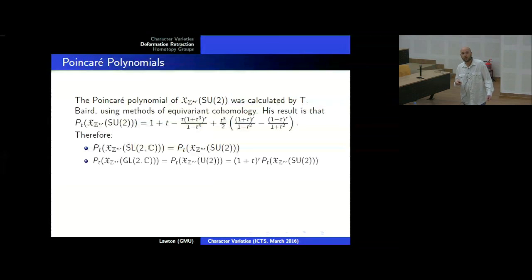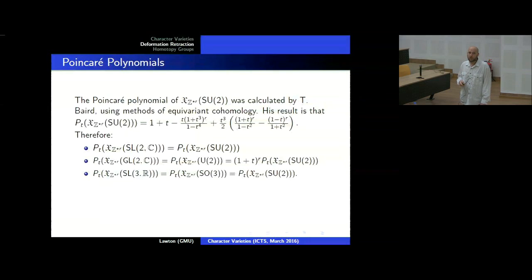And we can keep going. So GL2C, again by the deformation retraction theorem, is the same thing as U2, but then U2 relates to SU2 essentially by putting in a torus factor for each component. We can get SL3R, the real reductive example. The maximal compact there is SO3, but SO3 is essentially SU2, though you have to quotient by Z mod 2, right?